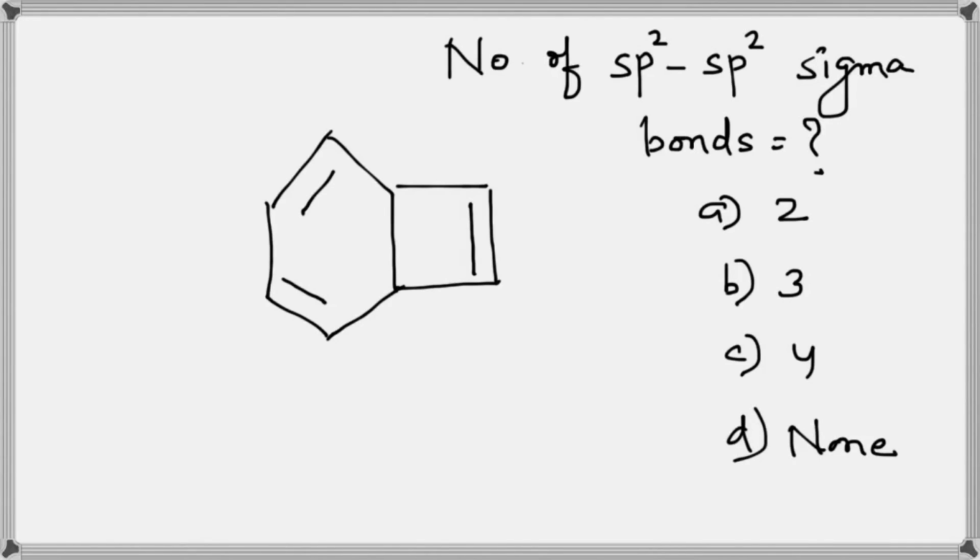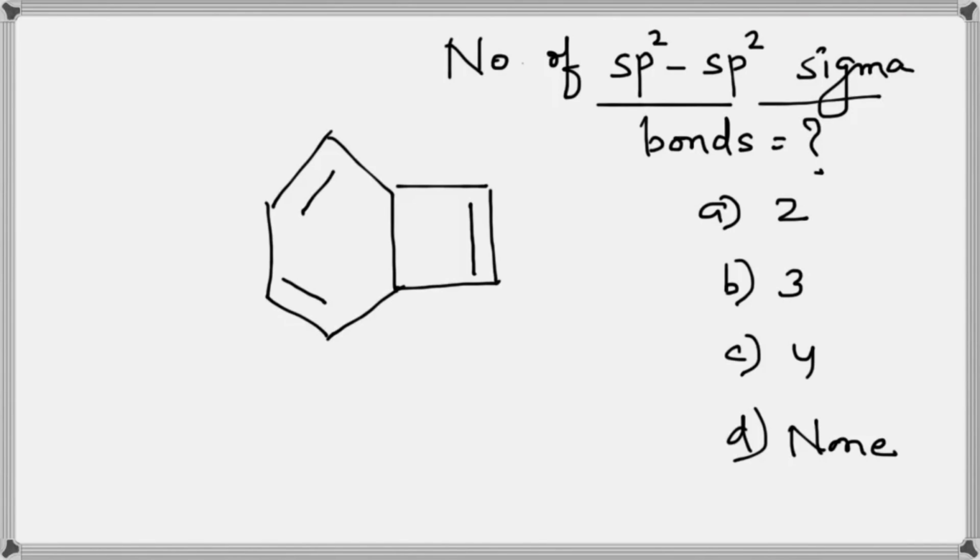Let's take a different kind of example. In this question, we are to find out the number of sp2 sigma bonds. What this means is that we have to first find out all those carbons which are sp2 hybrid, and then find out the number of sigma bonds between such carbon atoms.